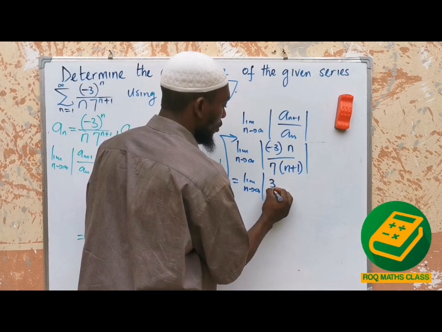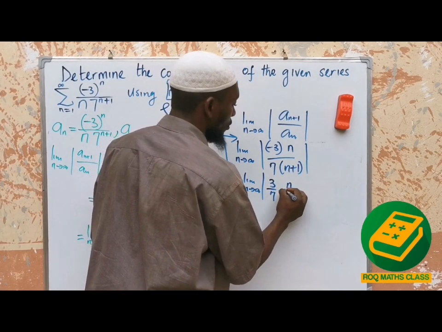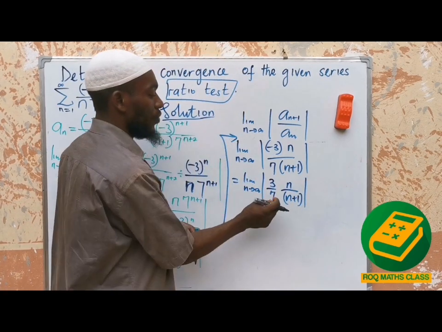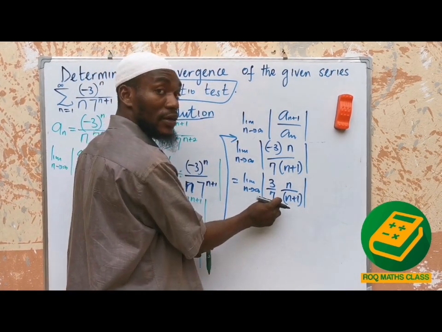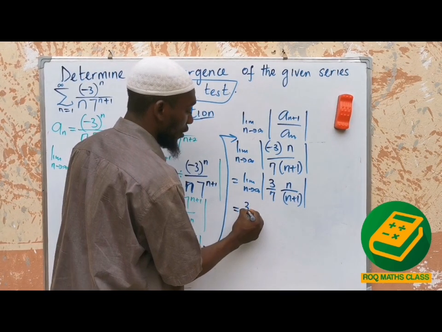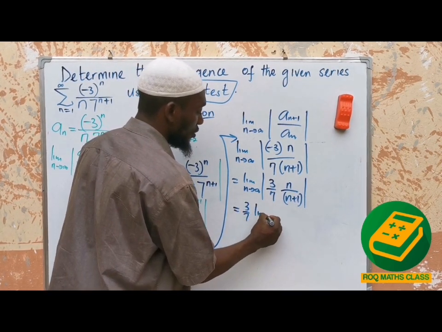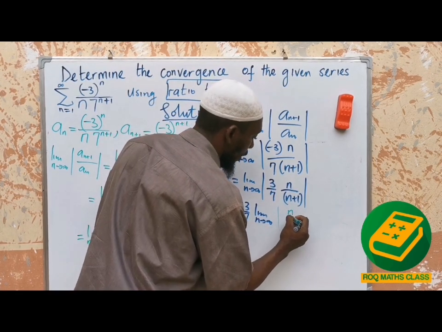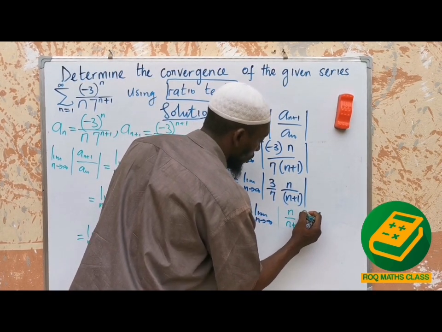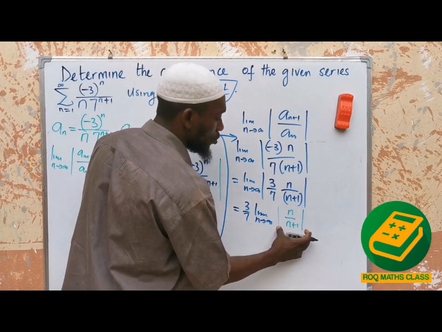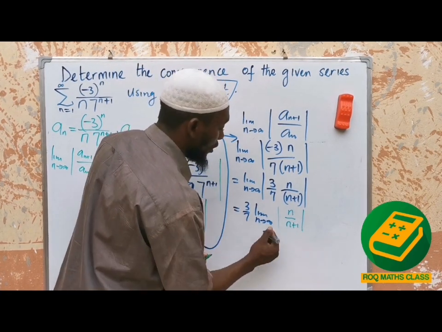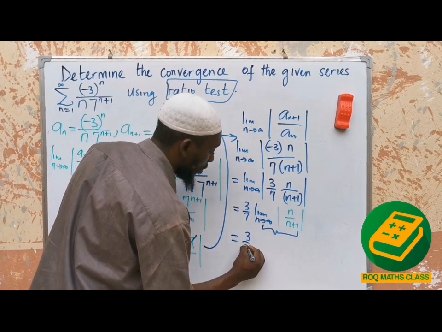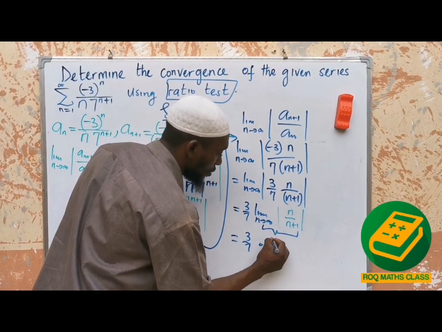So I have 3 over 7 times n over n plus 1. From here, I can factor out my constant, 3 over 7, the limit as n approaches infinity of the absolute value of n over n plus 1. Applying the limit to n over n plus 1 gives me 1. So I have 3 over 7 times 1.